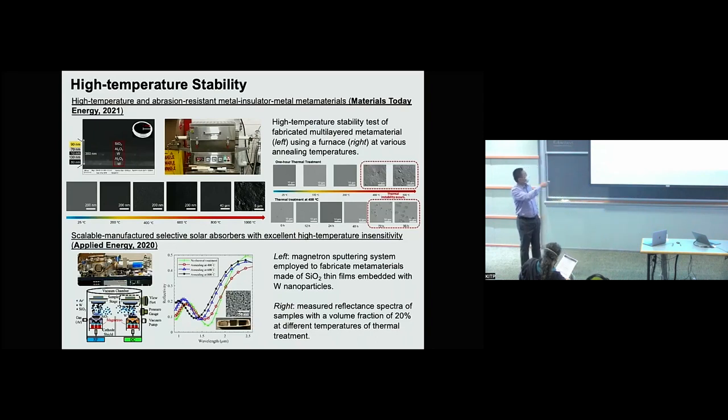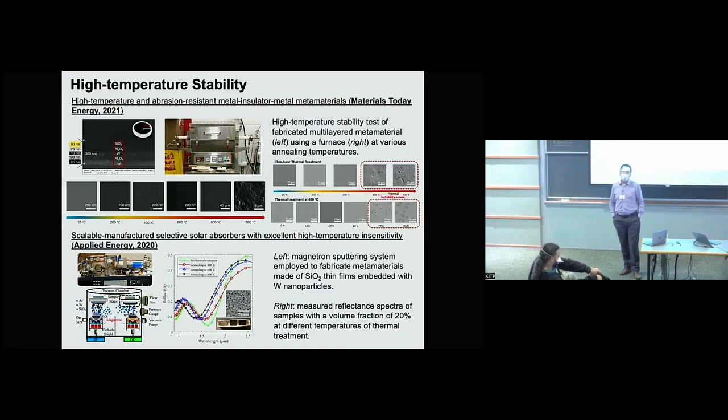So we published 2 papers in the past 2 years, and we designed the metal insulator metamaterials, just like what we showed here, the multi-layer materials. This material is a thermal absorber, and we also designed a thermal emitter. We used our vacuum furnace, a muffle furnace, and a tube oven in our lab, so we're able to heat the materials up to 1,600 degrees Celsius.